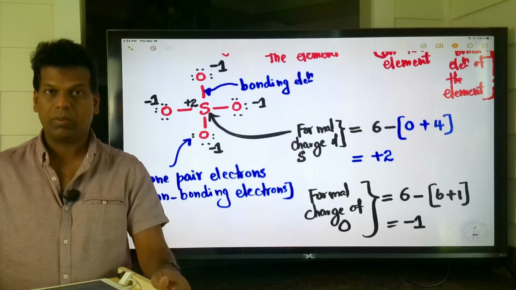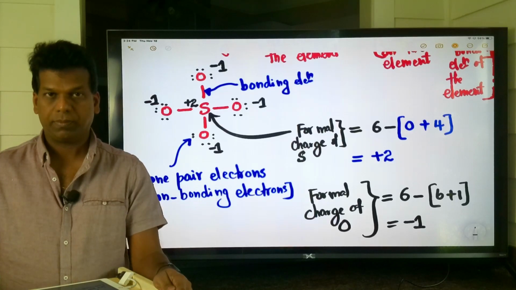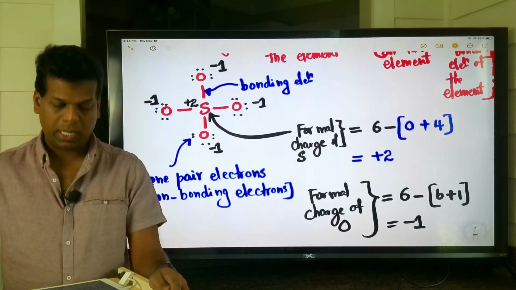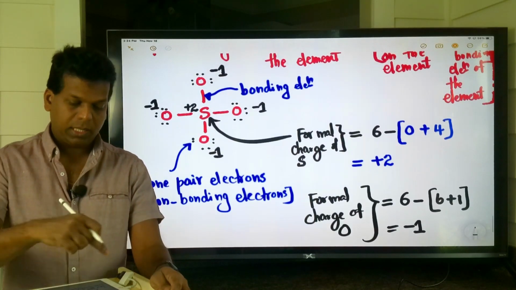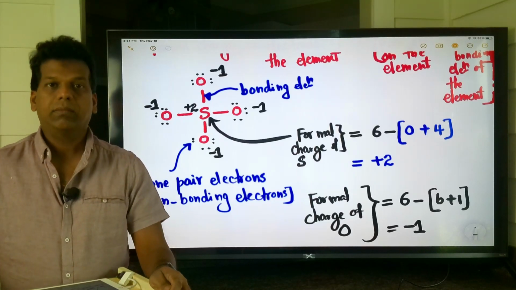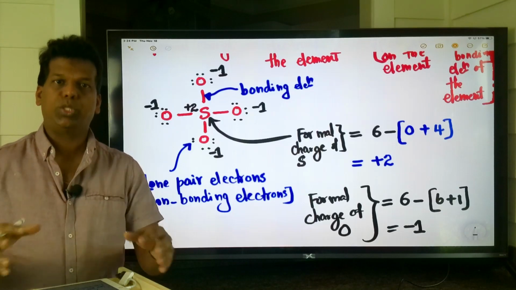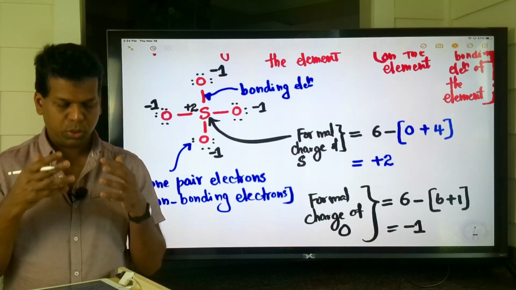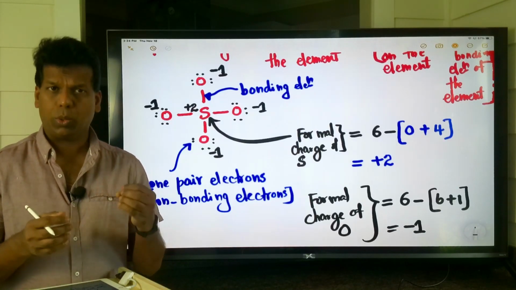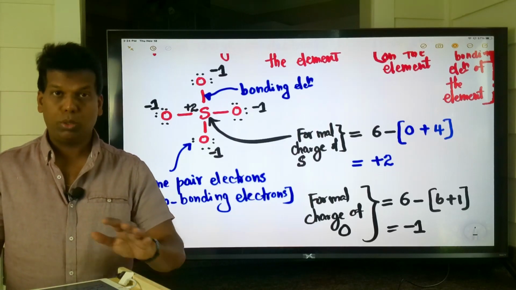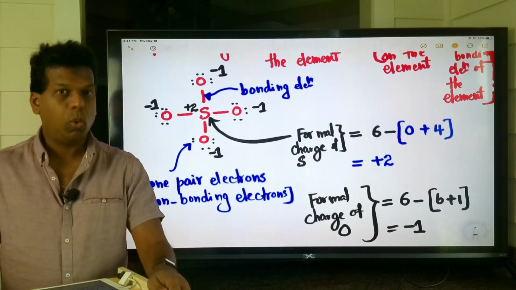If you can get rid of it, you should. In this case you can. The other thing is, each and every atom has a formal charge, so we should minimize that distribution. We should try to make them zeros if we can, but we can't make them all 0.